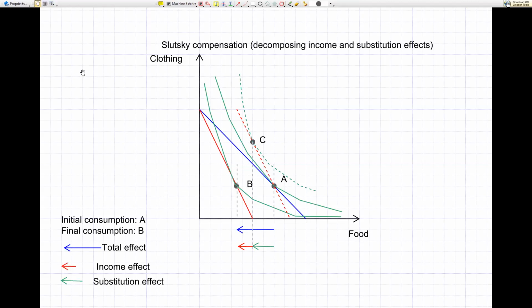Yeah, so I'm going to say: one, blue budget line.